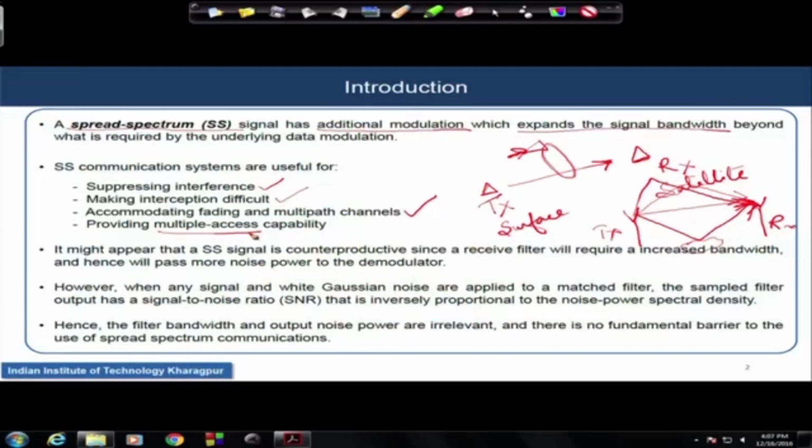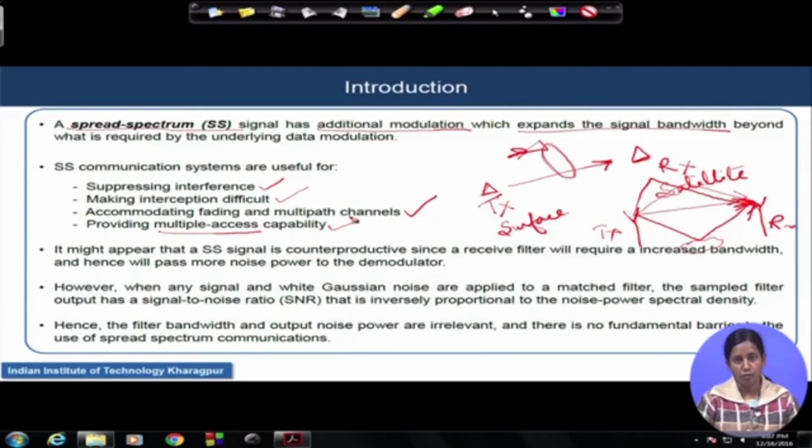And spread spectrum provides a very nice facility to provide this multiple access in a multi-user environment. It enables the multiple access capability because it inherently uses different codes for the transmission. It uses different codes to spread the signals of the different users' data. We will see some detail of this capability later on again.